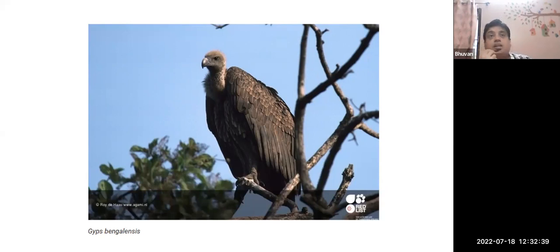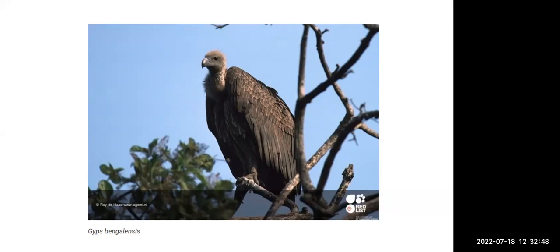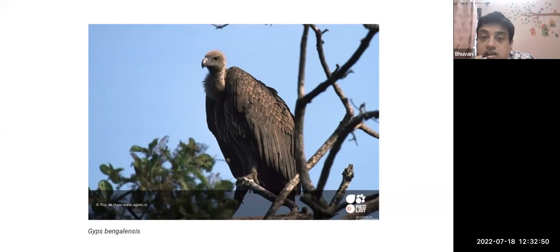Diclofenac is basically used as a painkiller, especially for veterinary purposes, and it is not very harmful for mammals, but in birds, it leads to kidney failure and a gout-like condition. So what happened was, when this drug was administered to cattle and they died, their dead bodies were dumped outside the villages.